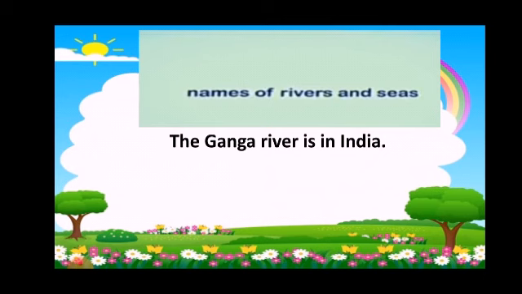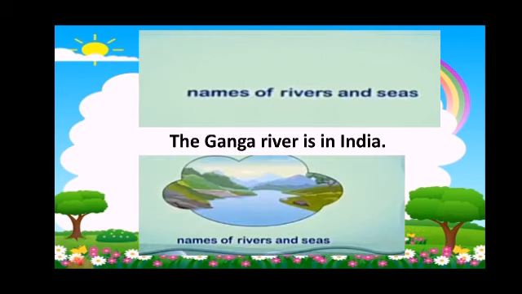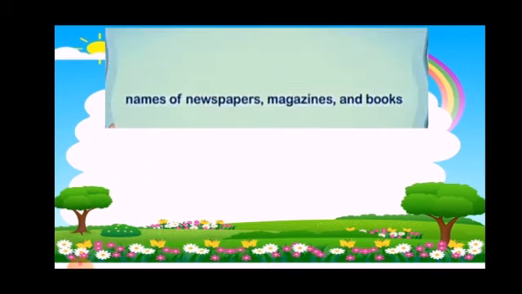Names of rivers and seas. So we use article the before the names of rivers and seas. For example, the Ganga river is in India. We use article the before the names of newspapers, magazines and books.